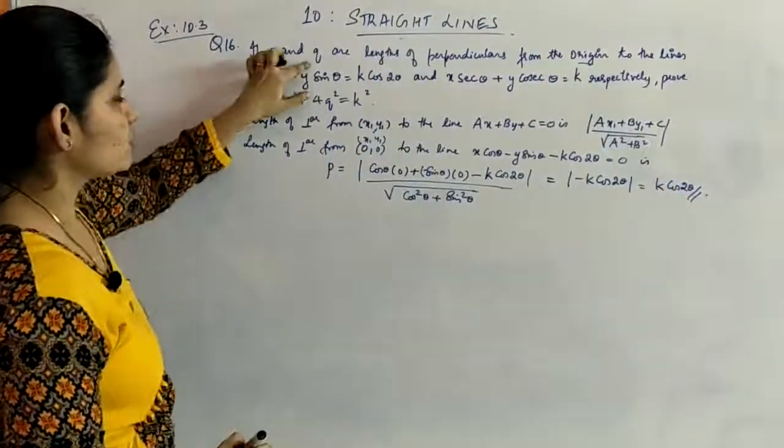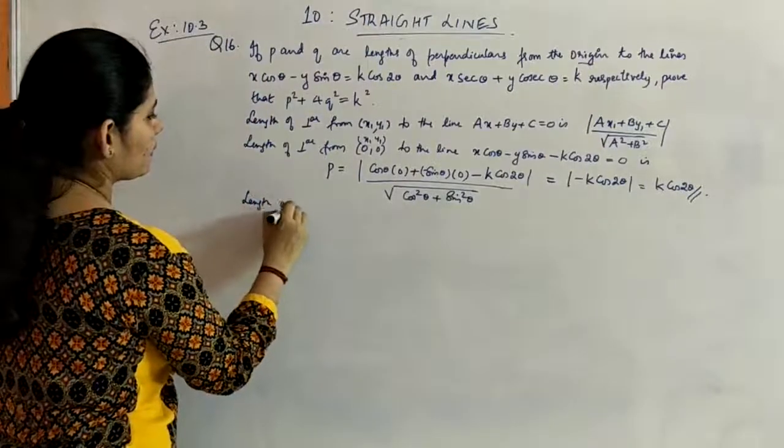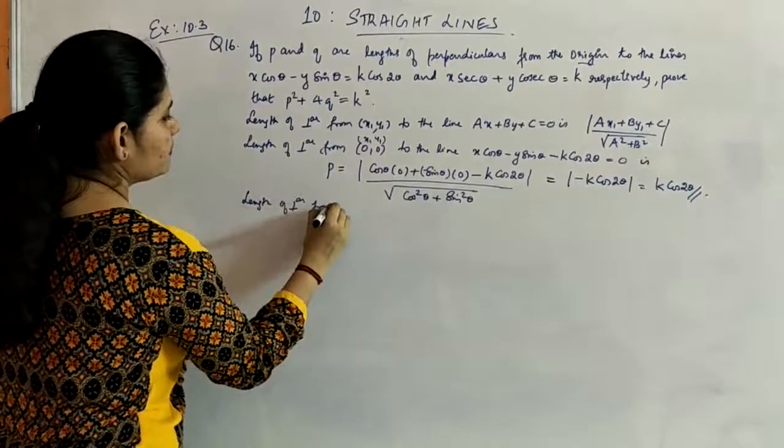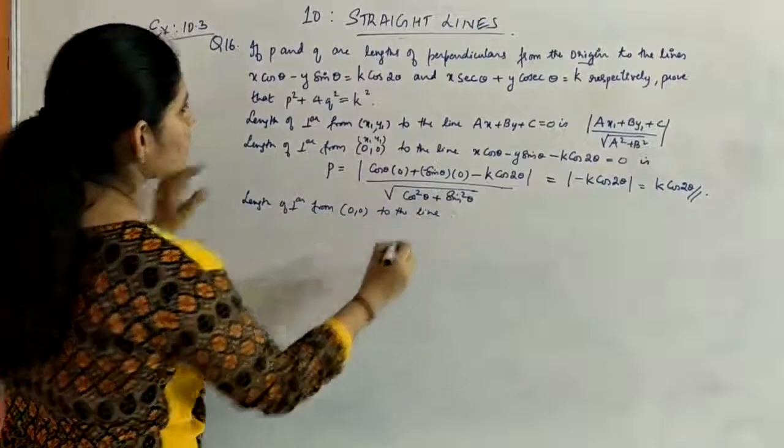Next you have to find out what is Q. So length of the again perpendicular from 0, 0 to the line. What is the line here?